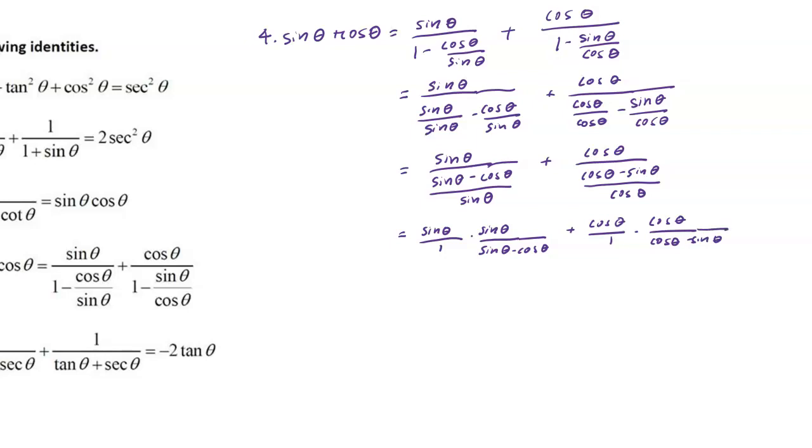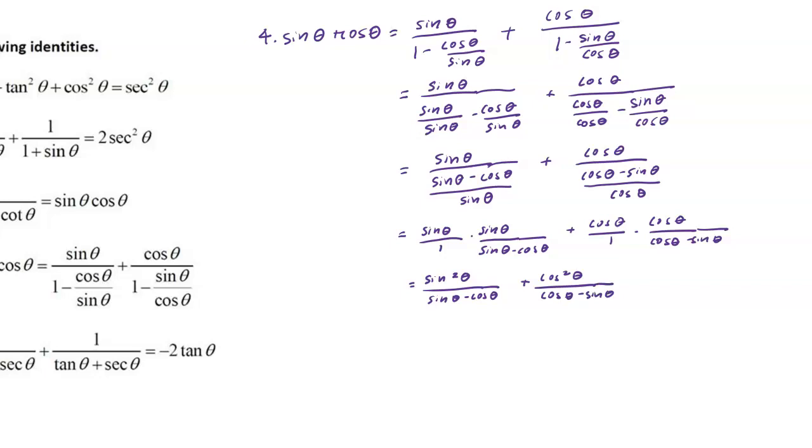Okay, that's going to be sine squared theta over sine of theta minus cosine of theta plus cosine squared theta over cosine of theta minus sine of theta.